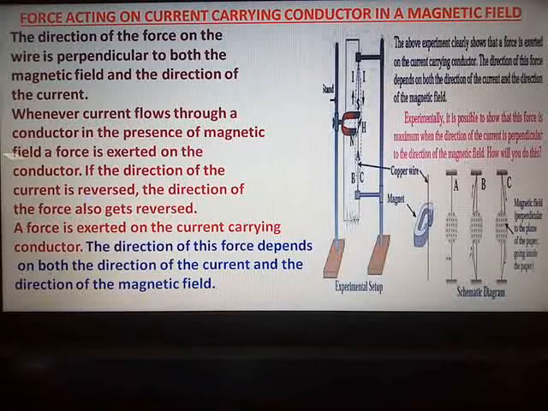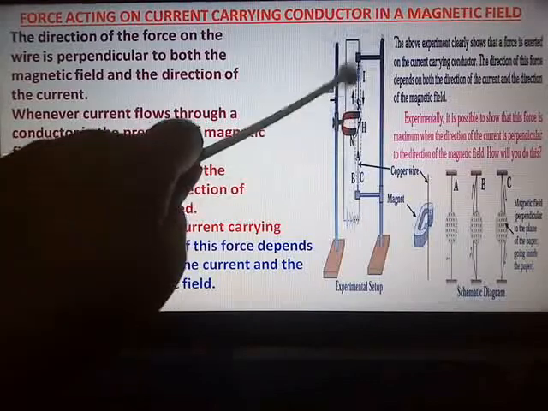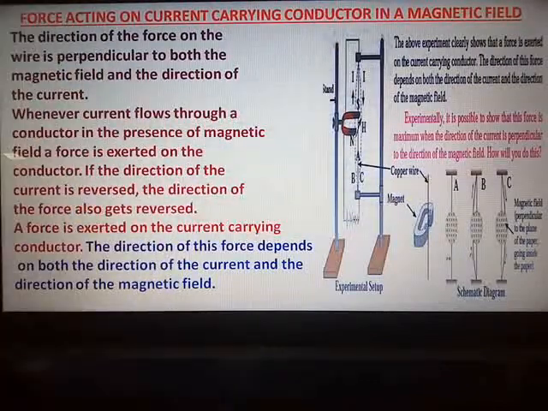And here the direction of the magnetic field is from north to south, and the current is from bottom to top. What you notice in this experiment is whenever current flows through a conductor in the presence of a magnetic field, a force is exerted on the conductor. And if the direction of the current is reversed, the direction of the force will also get reversed.